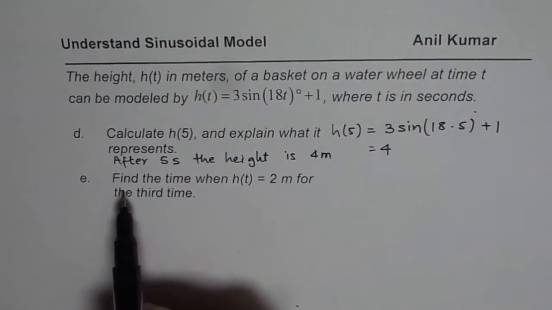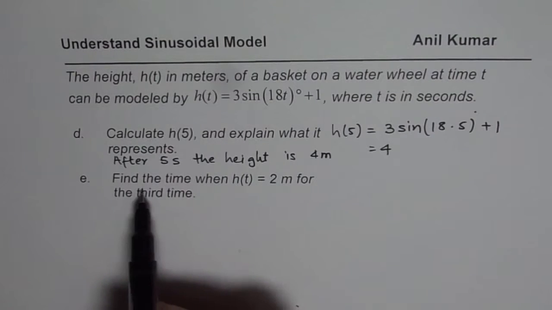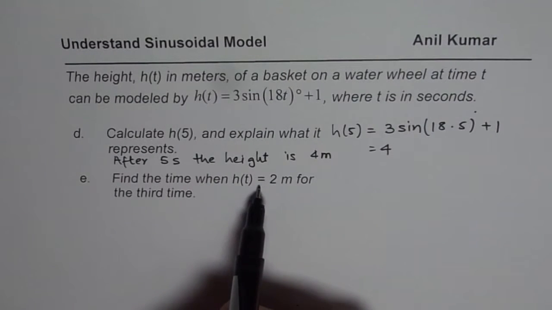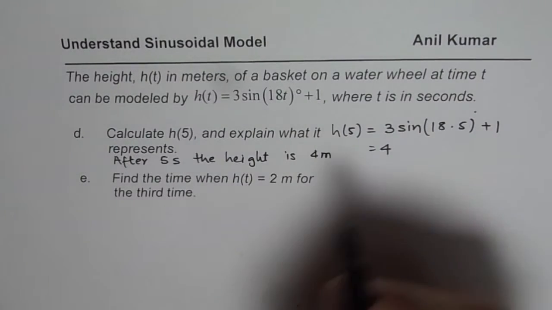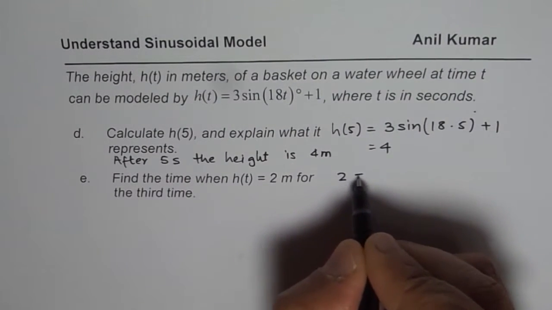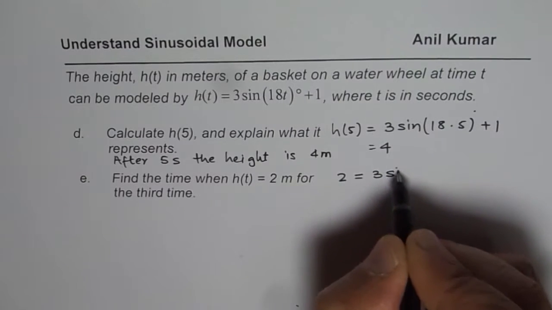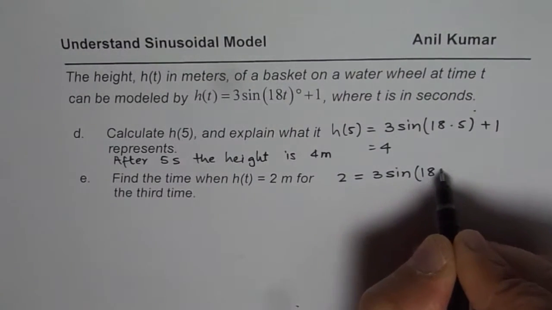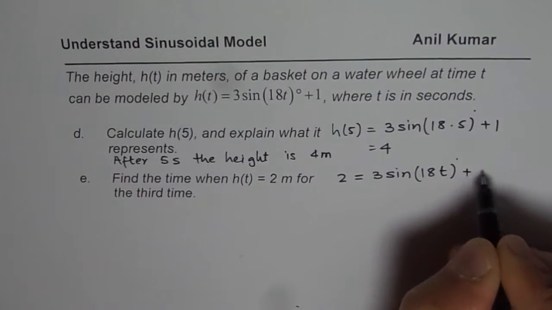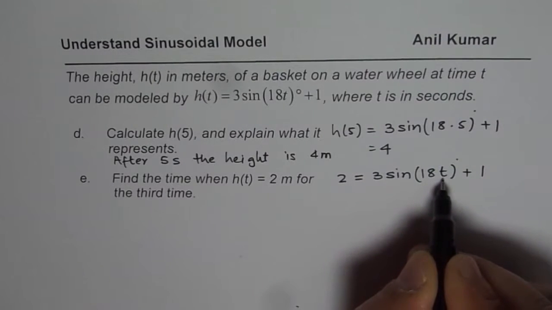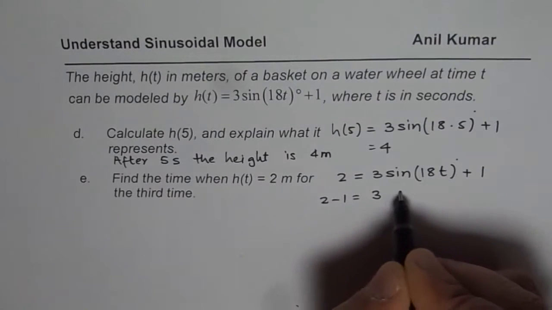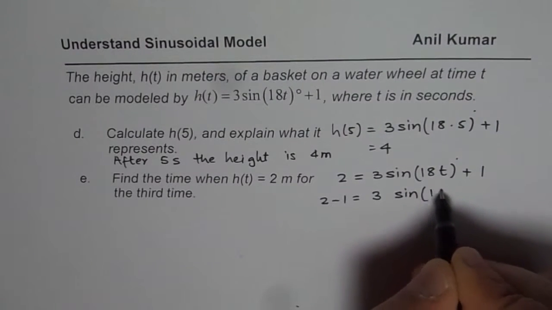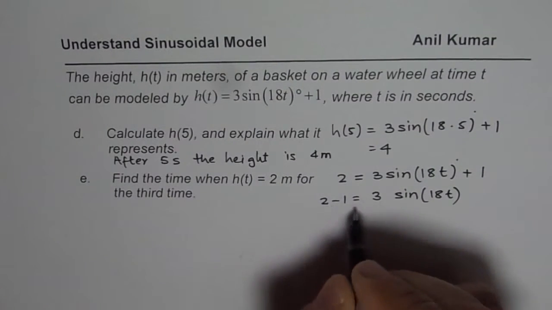Now part E is find the time when h of t is 2 meters. So in this particular case, we are given h of t. So we could write this as 2 equals 3 sine within brackets 18t, all in degrees, plus 1. We need to find what t is. Let's rearrange. So we get 2 minus 1 equals 3 sine 18t. Now 2 minus 1 is 1.